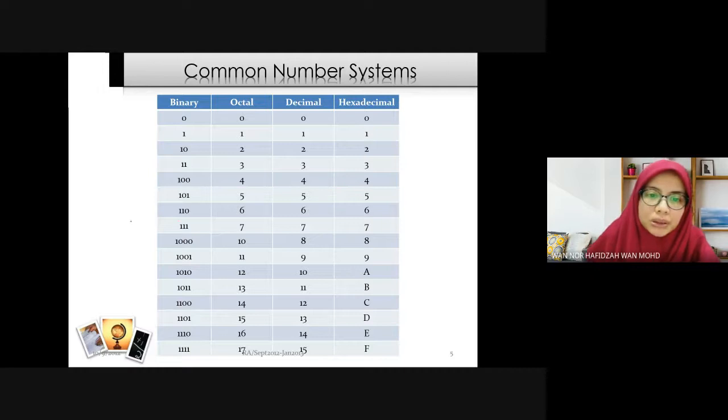For example, let's look at the number 6. If we want to write this in binary, I have not taught how to convert yet. Later on we will learn conversion, it is easy. So please remember this.